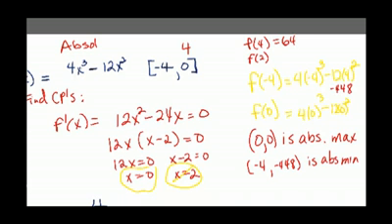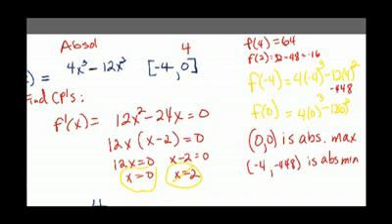And f of 2, a little easier to calculate, would be 2 cubed, 8 times 4 is 32, minus 4 times 48, which is negative 16.